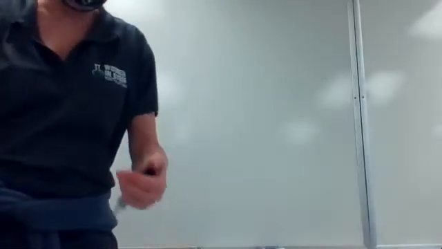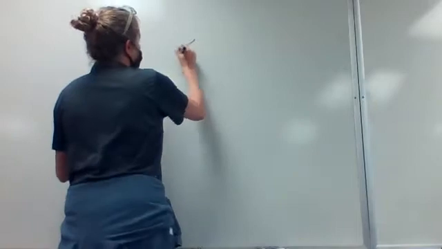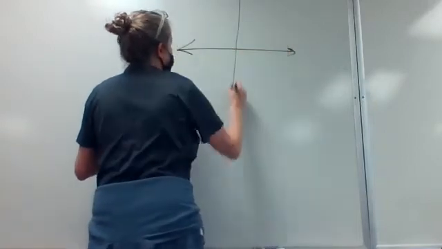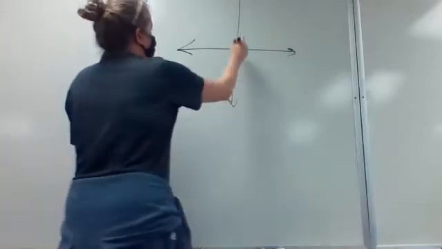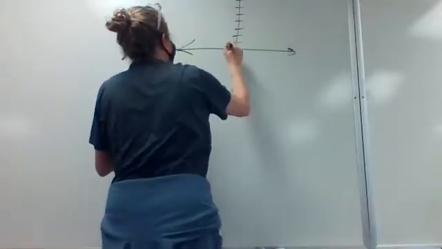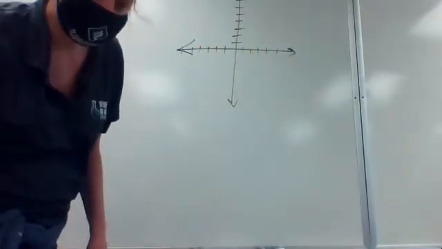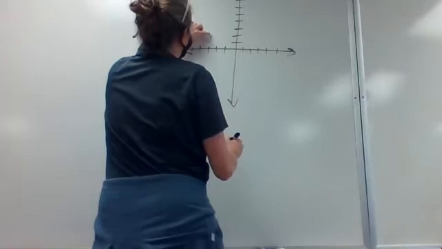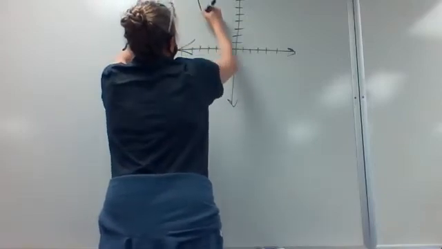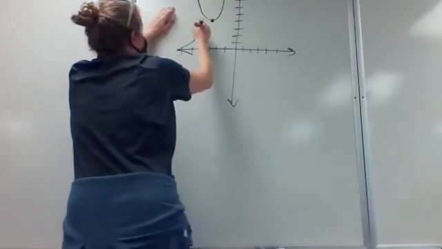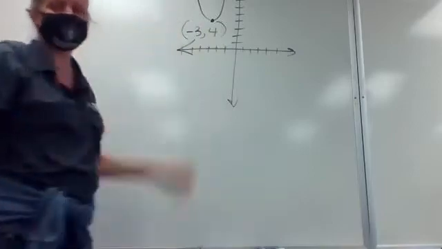All right, number 1 in 7.5 gives us a graph of a parabola and it actually tells me that the vertex is at -3, 4.